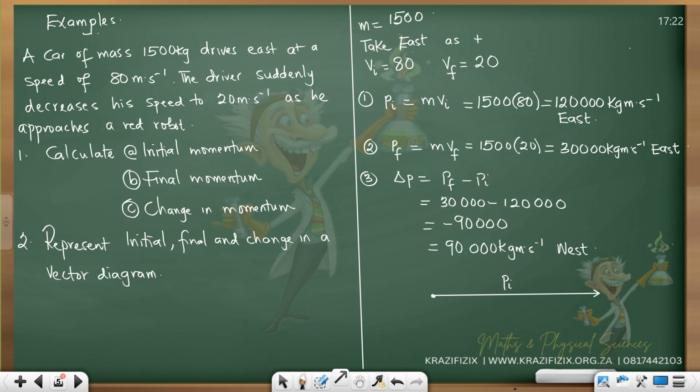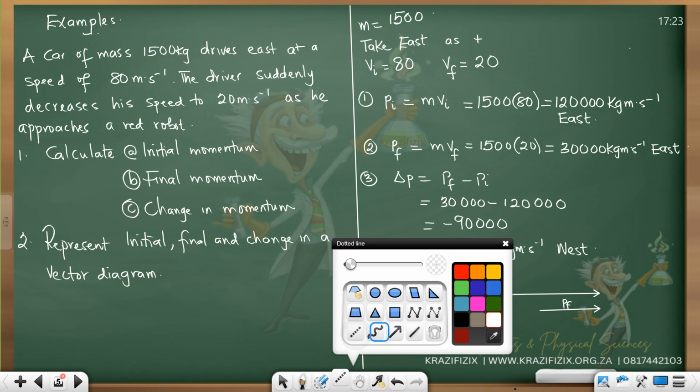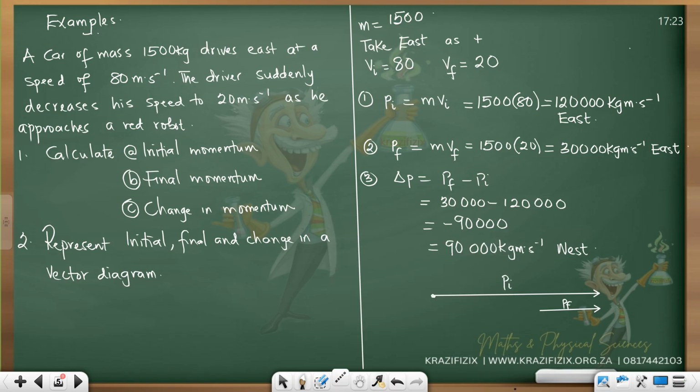Like I said, sometimes the examiners may combine them, and sometimes they may not combine. So I'm going to try to draw it not combining. I'm going to do that as my final. And the balance, we could draw it anywhere, is my change in momentum.